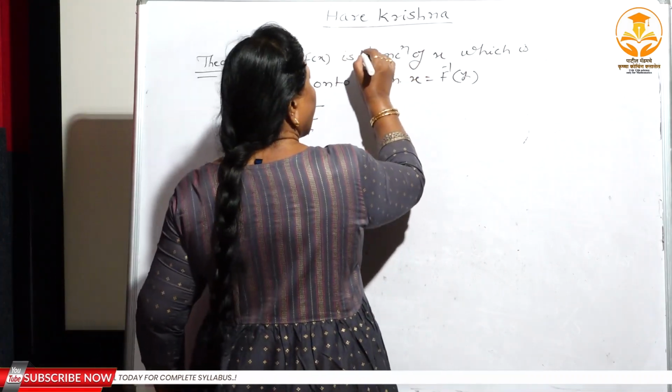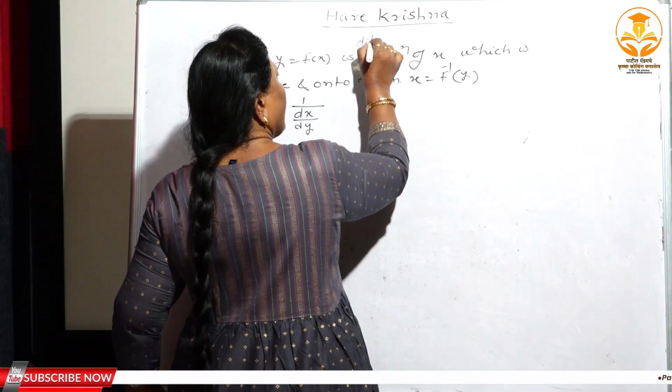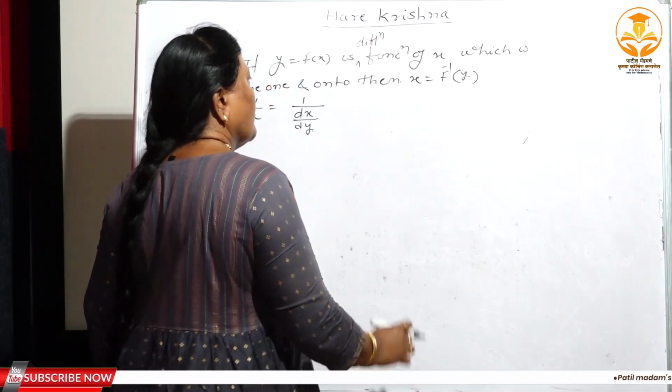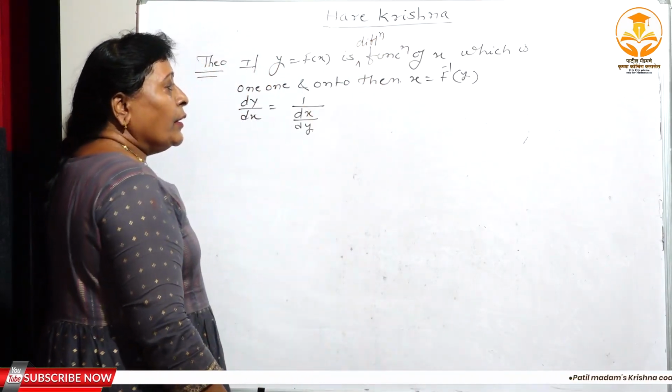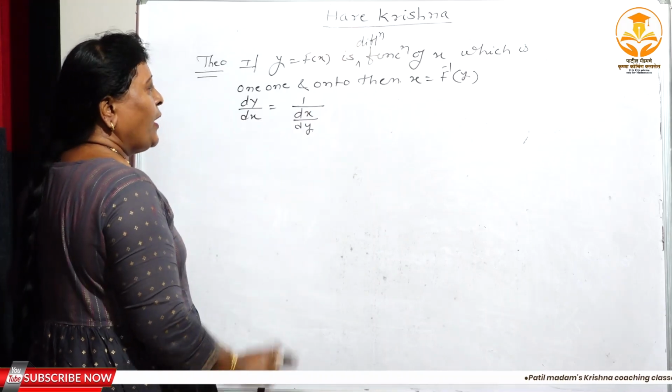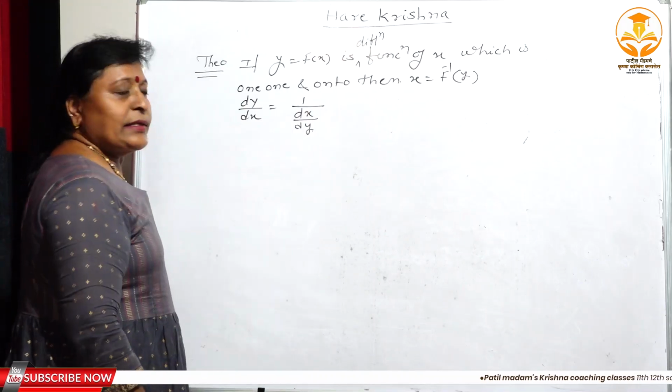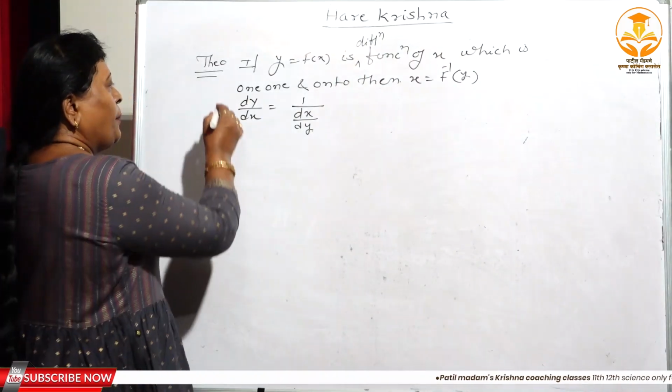You have to write it as a differentiable function of x, which is 1-1 and onto. Then x is equal to f inverse of y. Then we have to prove dy by dx is equal to 1 upon dx divided by dy.